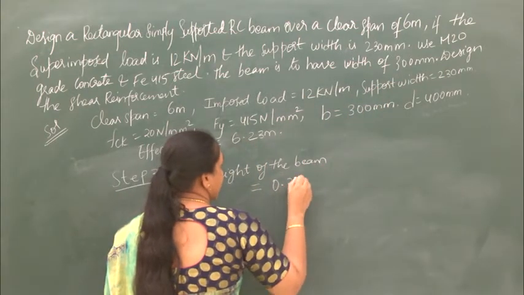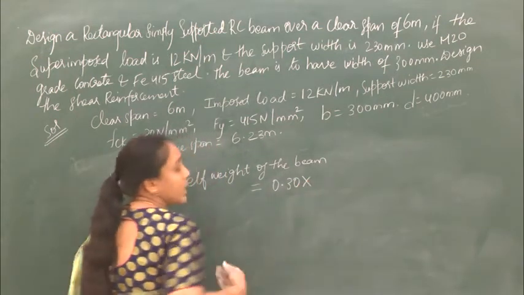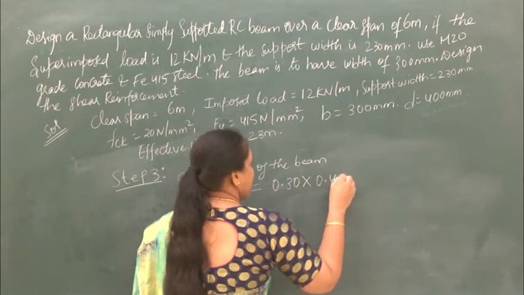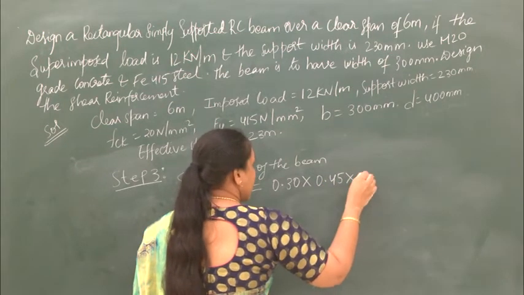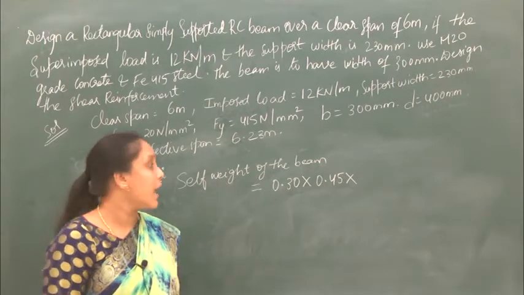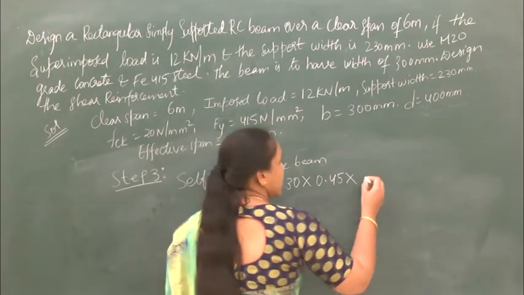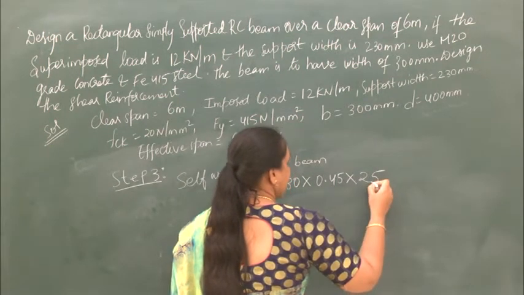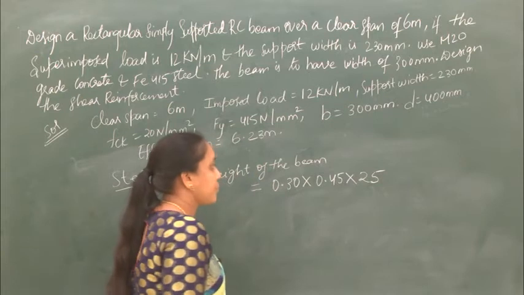So that is 0.30 into the overall depth of the beam, which is 0.45, into the unit weight of RCC, which is 25 kilonewton per meter cube.